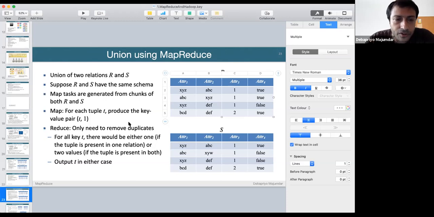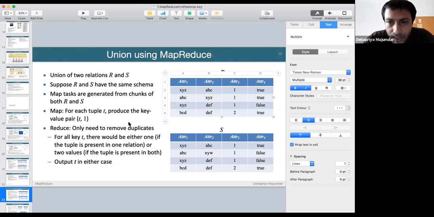For each tuple, just like selection, but there is no condition here, we just have to output everything. So for each tuple, either from table R or table S, we output the tuple comma 1 in map. Now what can happen in reduce? We only need to remove duplicates.